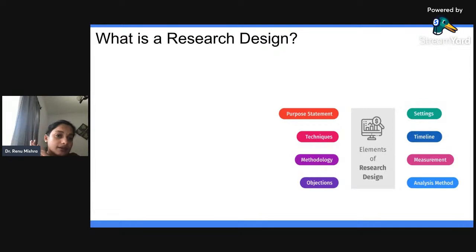Searches can be in terms of literature or your methodology, statistical analysis, and so on. So, research design is that one aspect of your entire research journey which gives the direction of your research: where you have to move ahead, what you have to do, and how you have to do it.